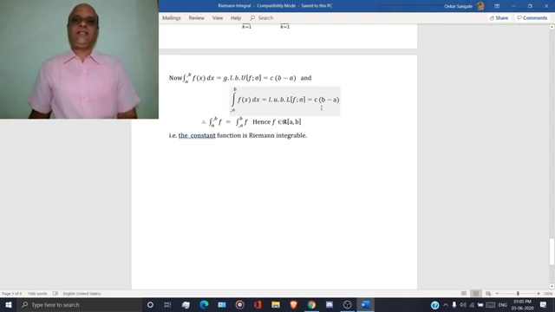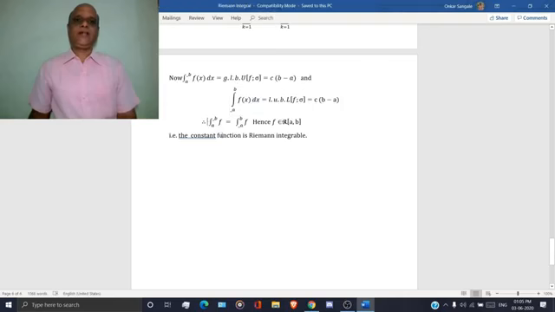So the right sides of these equations are the same, so the left hand sides are also the same, and therefore the upper integral and lower integral are equal.